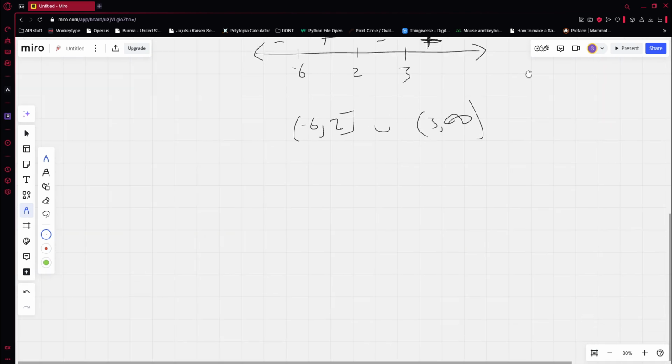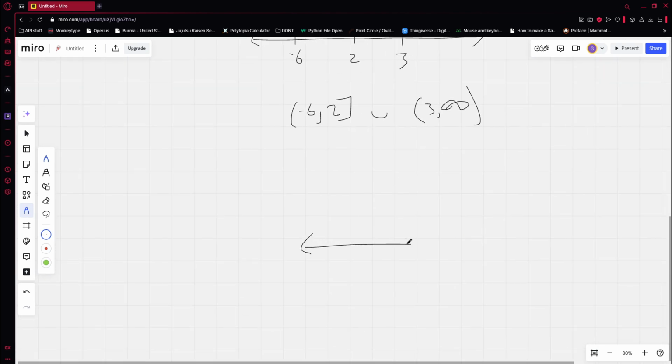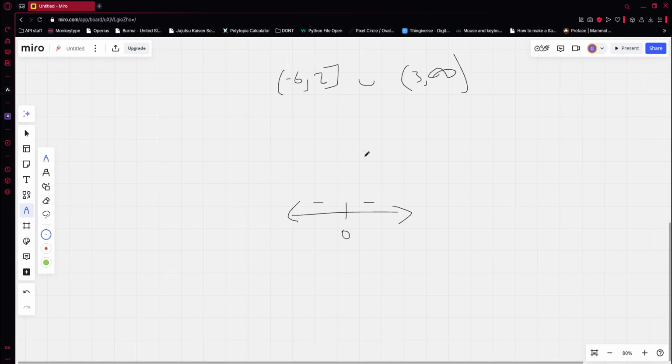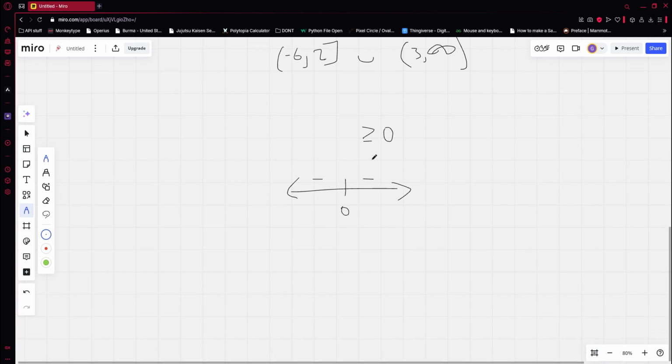And another edge case here is if you were to have, let's say, I don't know what equation it is, but let's just say you have 0, and then you have minus, and you have minus, and then you have to be greater than or equal to 0, right? You may think, oh, greater than or equal to 0, we have a 0 right here, and really this could be any number, it doesn't have to be 0.